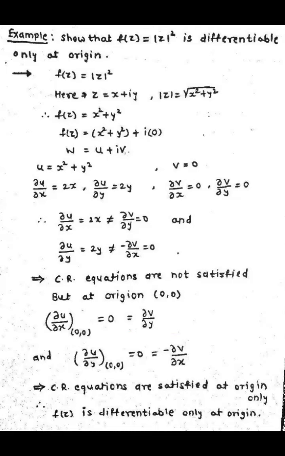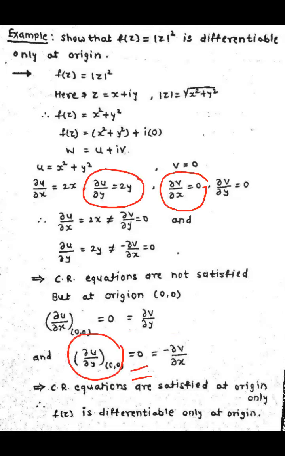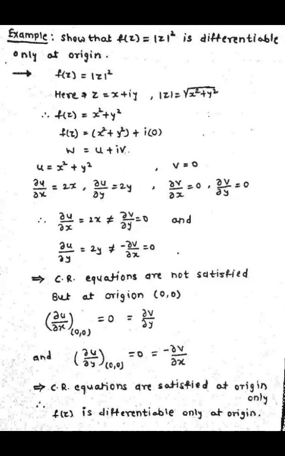Similarly, if we put the origin point in the derivative ∂u/∂y, then the answer is 0, and it is exactly equal to ∂v/∂x. So the CR equations are satisfied at the origin only. Other than the origin, the CR equations are not satisfied.